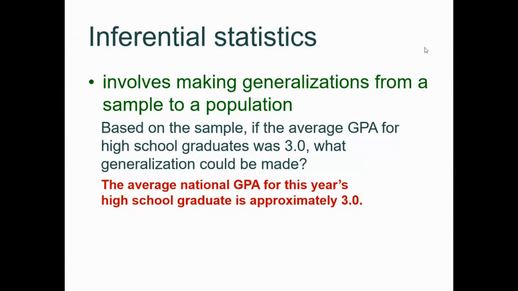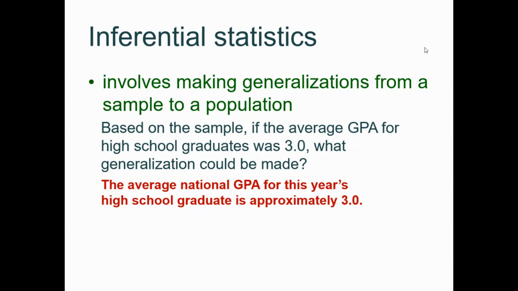Now start thinking about flipping that around, because we can't go the other way. If we find the national average is a 3.0, could I go and say Lufkin High School's average is a 3.0? Based on the evidence, you actually couldn't.